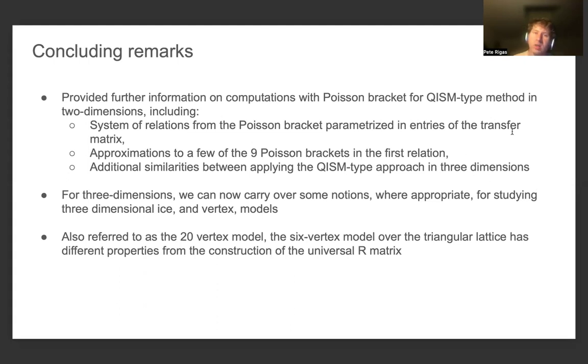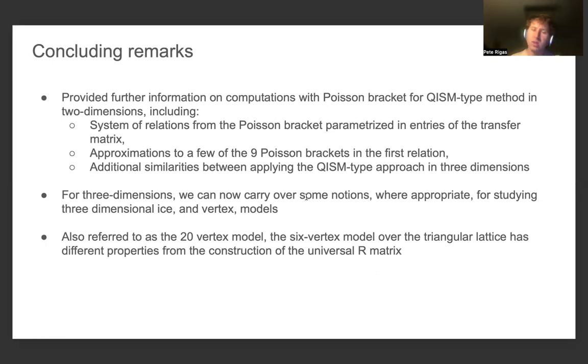But as we've been mentioning, there can exist more complications to the dimensionality of the system: how many Poisson brackets one must compute in 3 dimensions versus in 2 dimensions, as well as the representation theory and how that relates to the properties that the universal R matrix satisfies, and how that relates to complex valued functions and mapping into unital associative algebras, which appear along the entries of the L operator, in addition to the tensor product of the differential operators relating from the tensor product of two spaces that we're using to construct the universal R matrix in the first place.